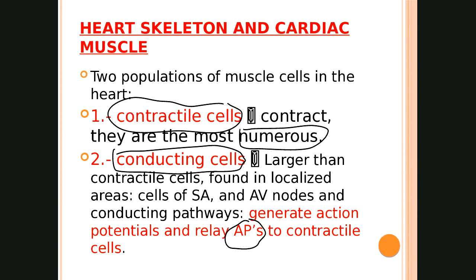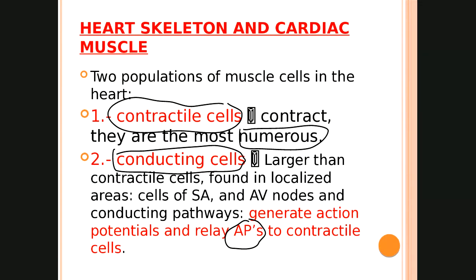Now, this is the deal. Think about the skeletal muscles that we saw last semester. These muscles constrict when the nervous system sends a signal to the muscle and creates an action potential in the muscle, which will cause action potentials to travel through the muscle cell and cause the release of calcium ions.